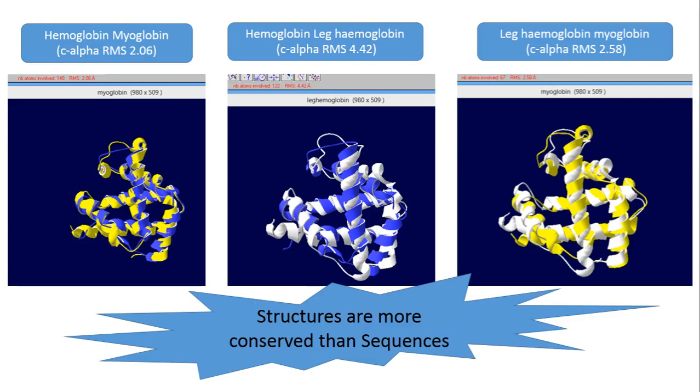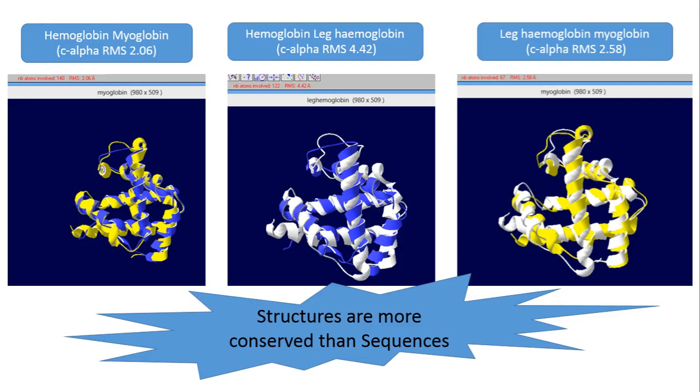Hence we say that the structure of any protein is more conserved than its sequence, and the answer lies in its function. If a protein needs to perform a certain function, it needs to retain a particular structure. Unless the structure is maintained, it cannot perform its function.